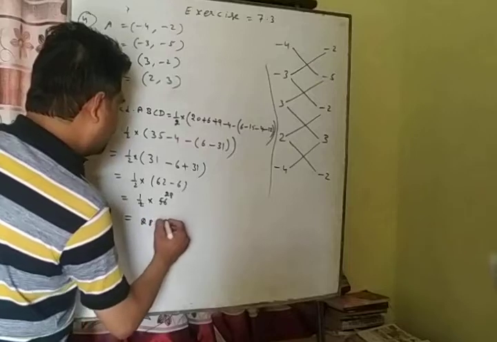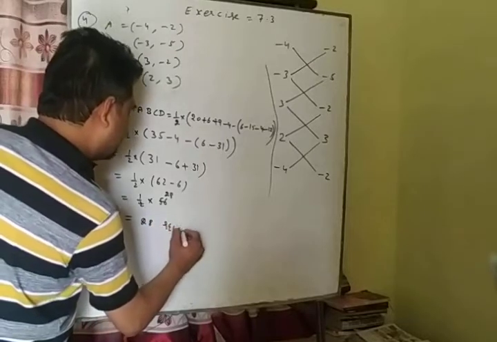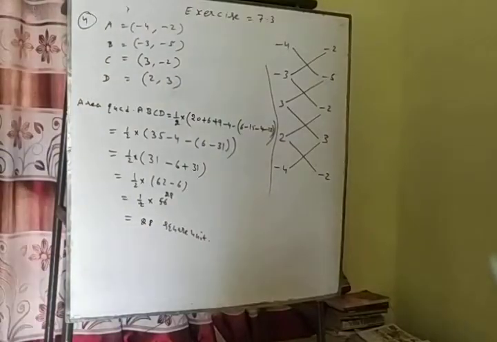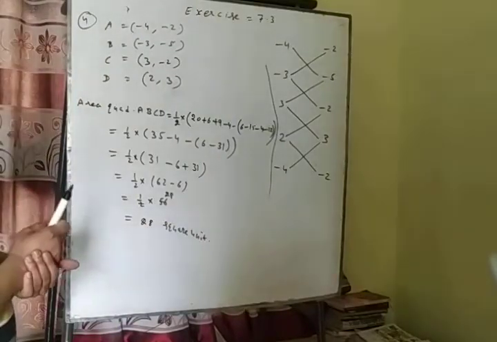Area of quadrilateral is 28 square unit.